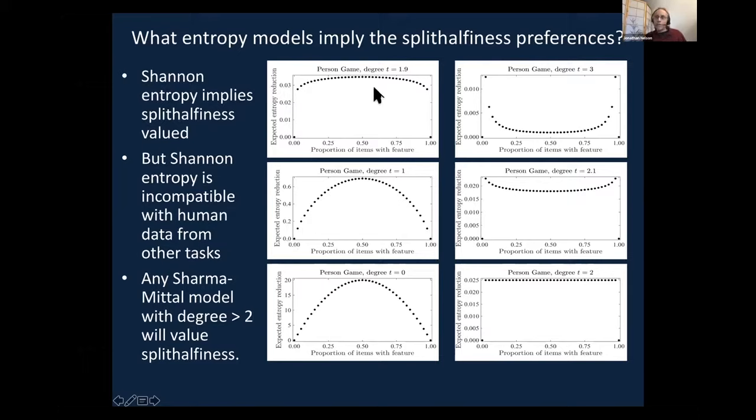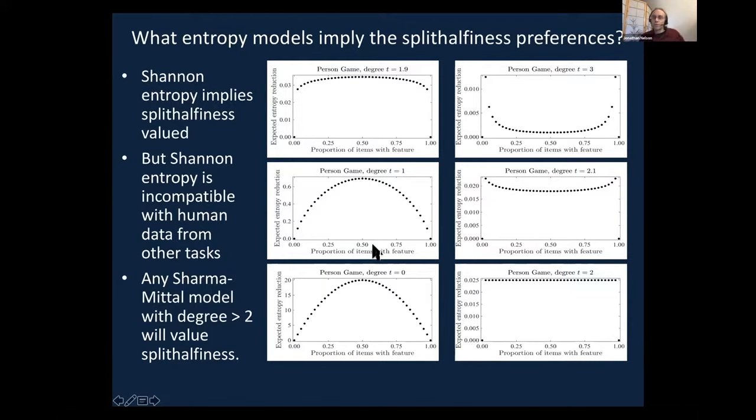If the degree is 1.9, you still prefer 50-50 split items, but not as strongly. If the degree is 0, you also have this preference, but it turns out that if the degree is greater than 2, you actually prefer to just ask, is it that guy, than to do a 50-50 split question.